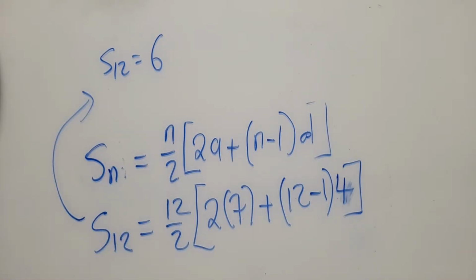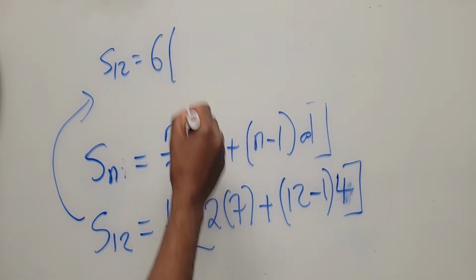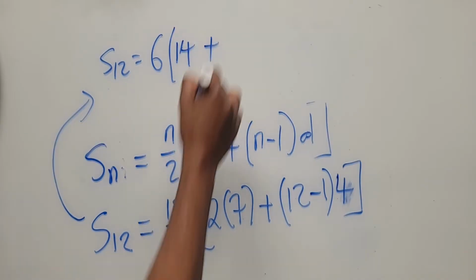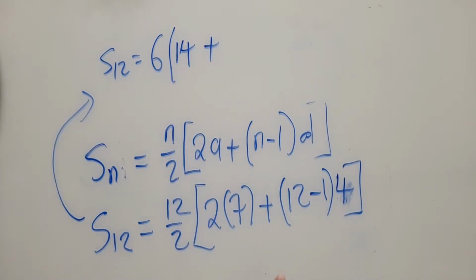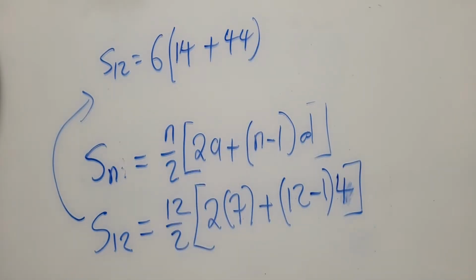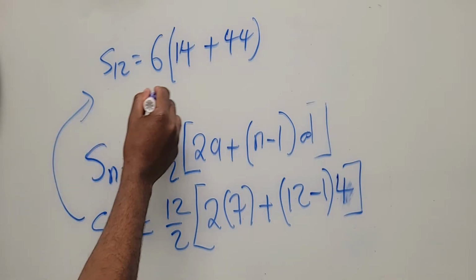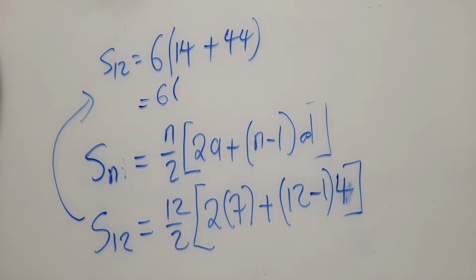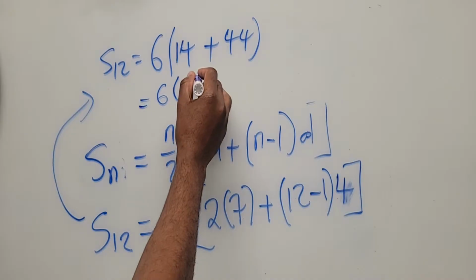Then inside, you have 2 times 7 is 14, then plus 12 minus 1 is 11, and 11 multiplied by 4 is 44. Then you have 6 in parentheses, 14 plus 44, which is 58.